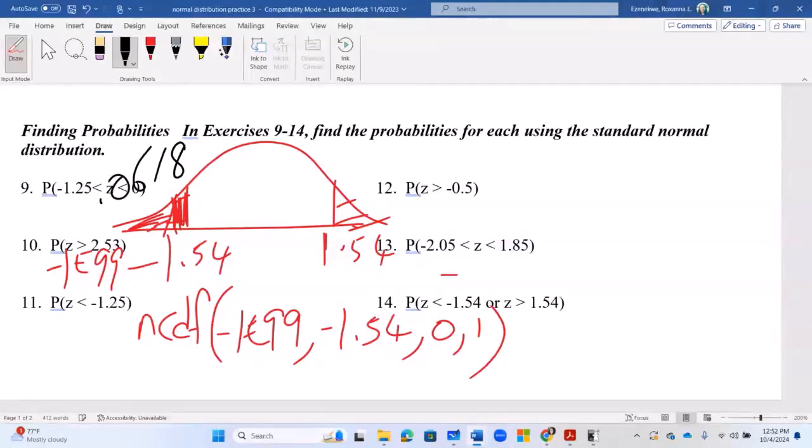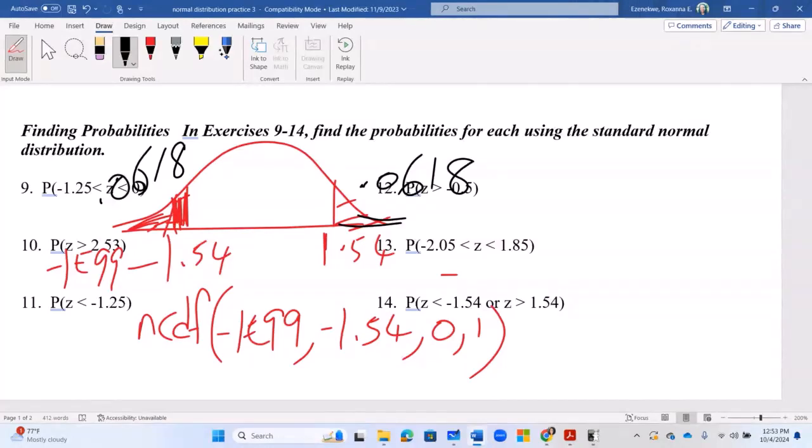0.0618. And then, because the normal curve is symmetrical, the area to the right is also 0.0618. I'm told to find OR, so I can add them up. OR in probability means addition.